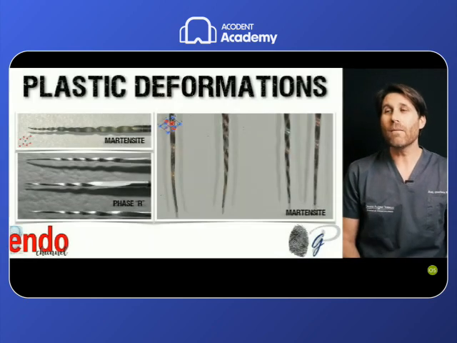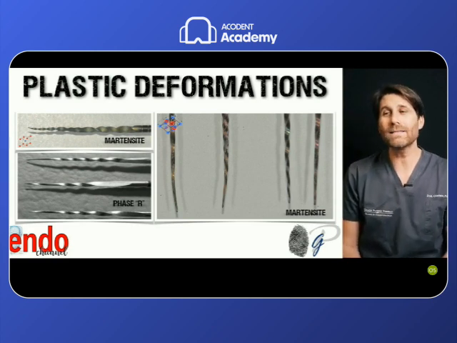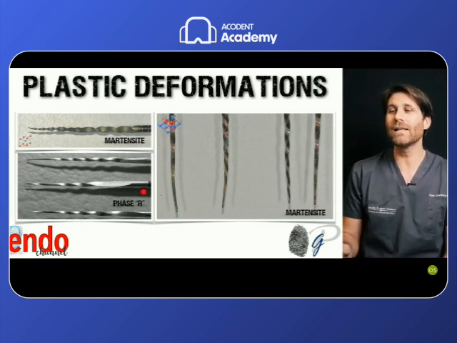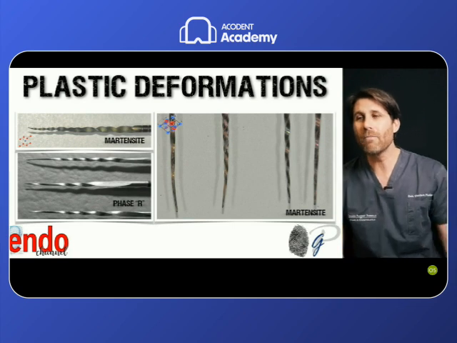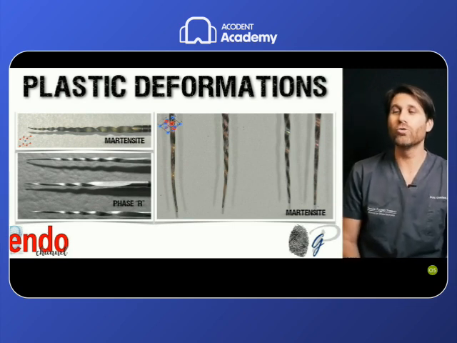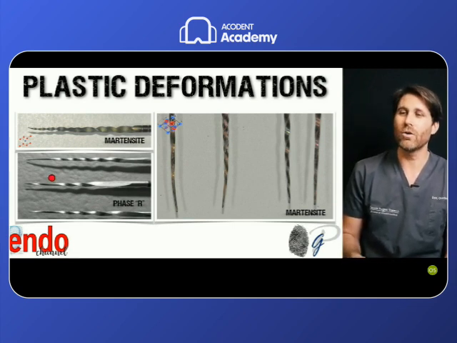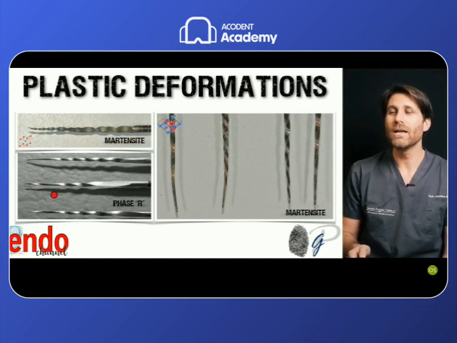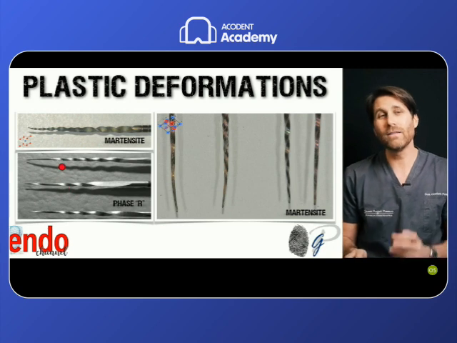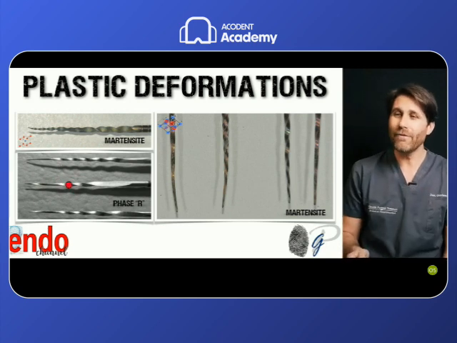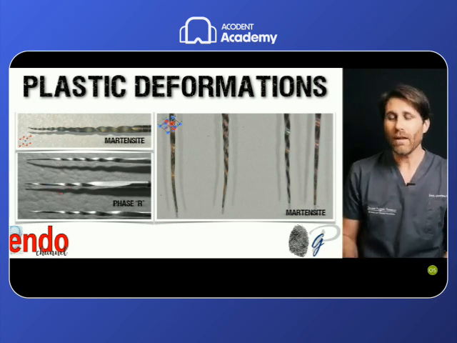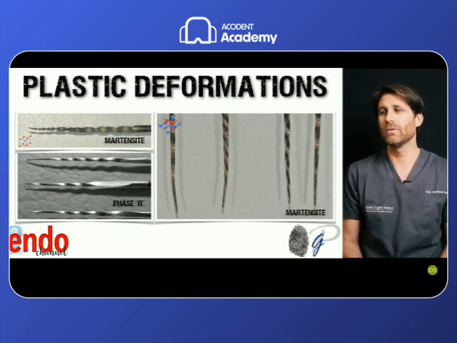So they are more prone to plastic deformation. They deform more than they fracture, because the angle needed to deform is higher, so they fracture less, but they deform more easily because the metal is softer.